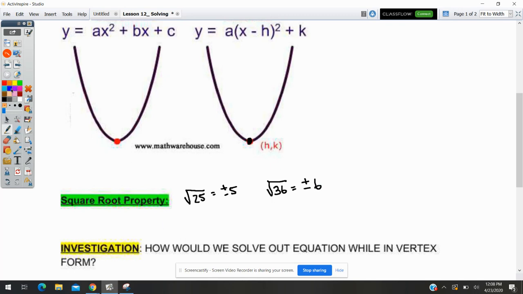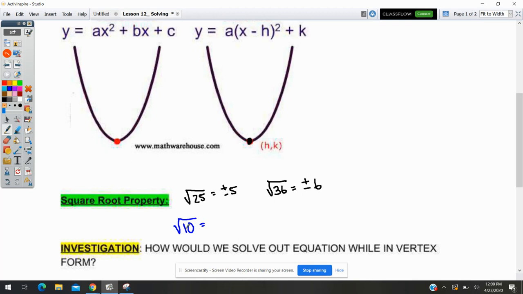One more thing you might see in today's lesson is the square root of a number that's not a perfect square, for example the square root of 10. If you go on your calculator, you get 3.162277766, and it keeps going on and on.